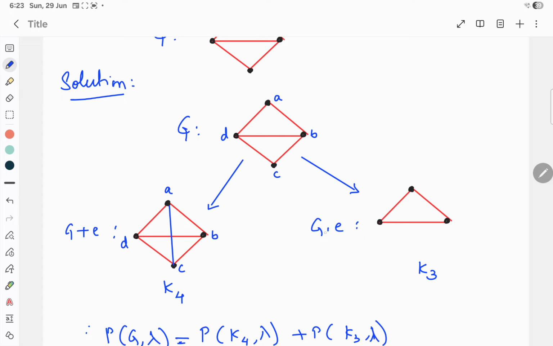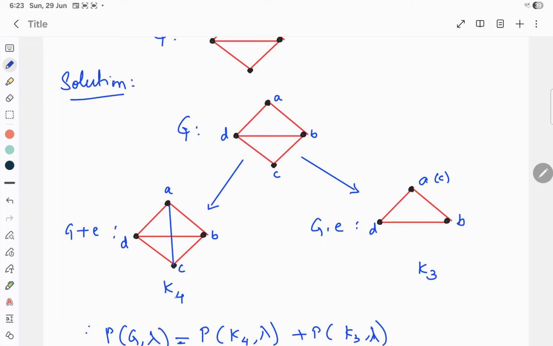Now what do we mean by G into E? Fuse A and C. You just combine C with A, so C became A now. Then you are left with B and D, and the incident edges will go off. CB and CD will go off and it is just this triangle.